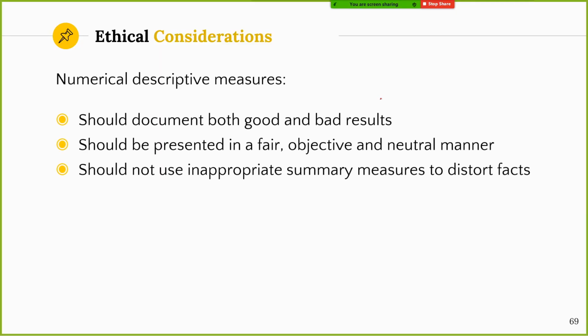We also have ethical considerations when we are doing statistical analysis. You should document both the good and bad results, because somehow if you get a bad result, you don't want to document this statistical analysis. So you need to be fair, objective, and neutral. If you get a bad result, then what to do next?